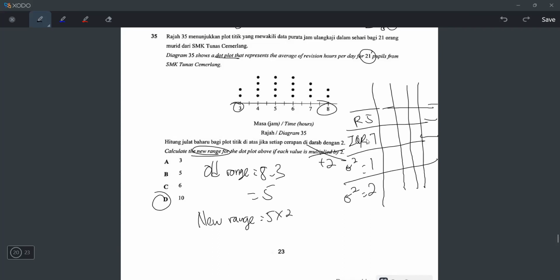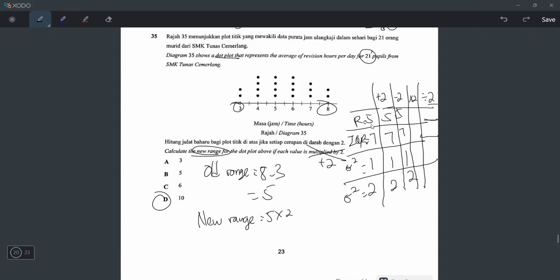For example, I say every value plus 2, every value minus 2, every value times 2, every value divide 2. So what do you think will happen to this? 5 stays the same. Why? Because plus and minus will not affect measures of dispersion. The 5, 7, 1, 2 will not change.